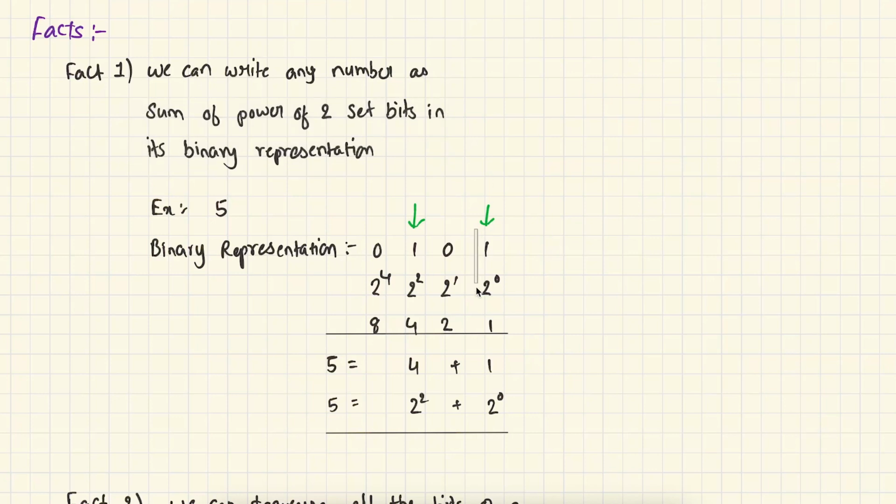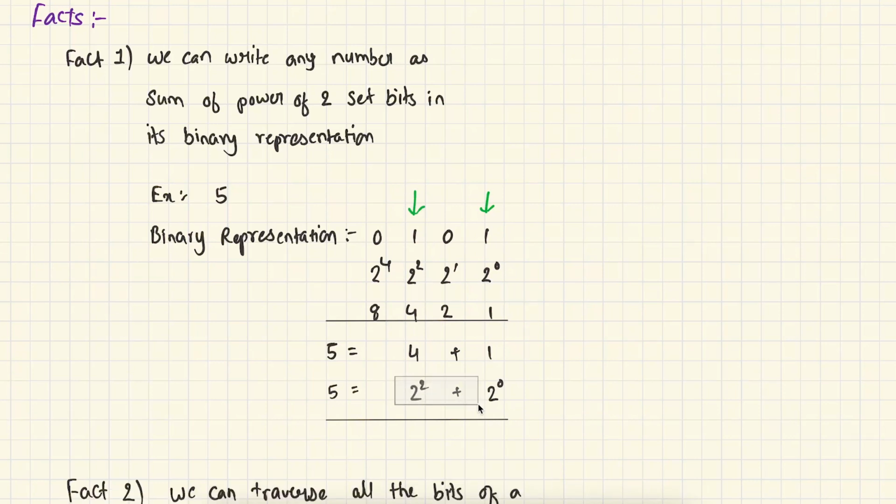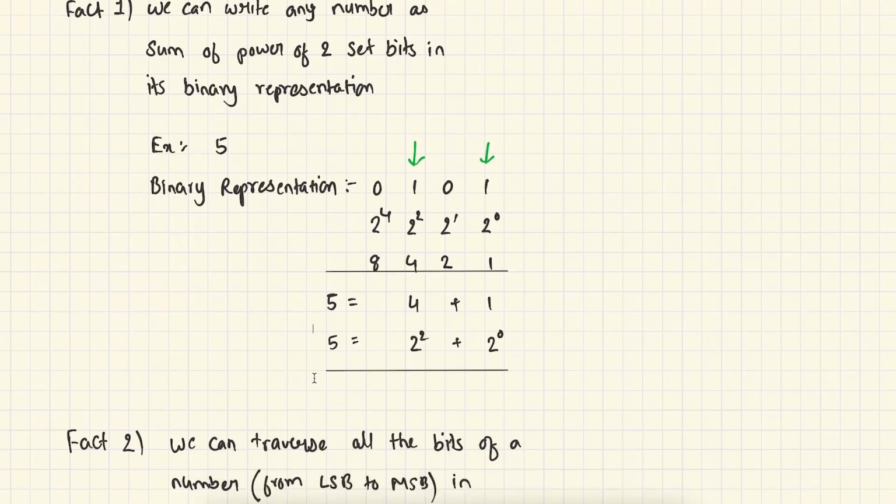Here this bit is set, and its value is 2 to the power 0. Next this bit is also set, and its value is 2 to the power 2. So when we add 2 to the power 2 plus 2 to the power 0, we get 5. Alright, clear. Now let's move on to the next fact.